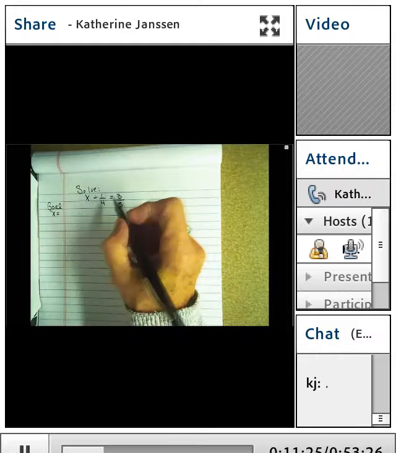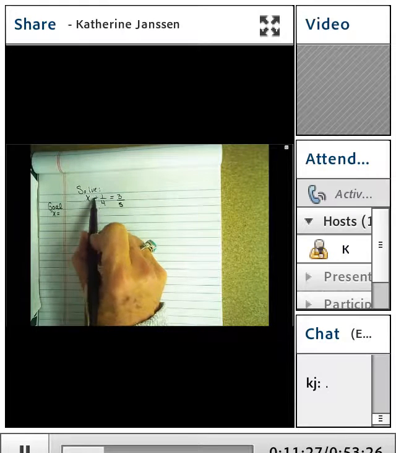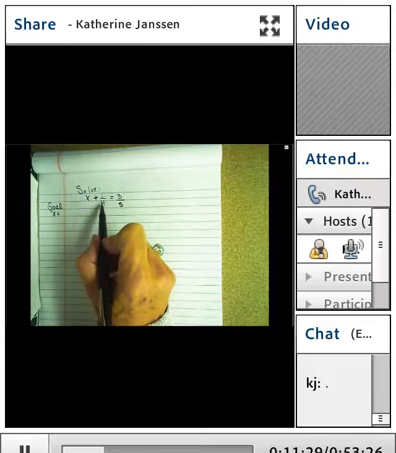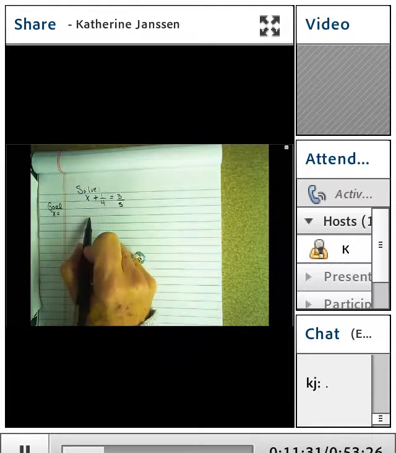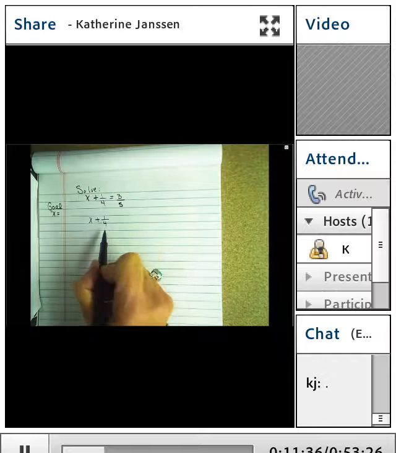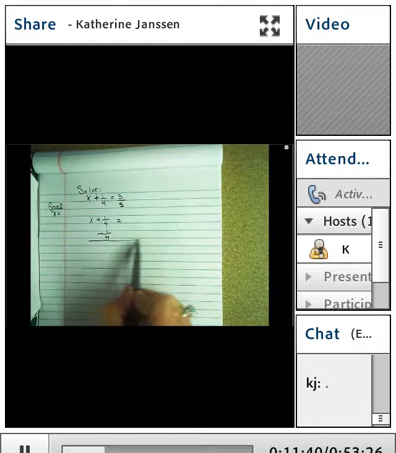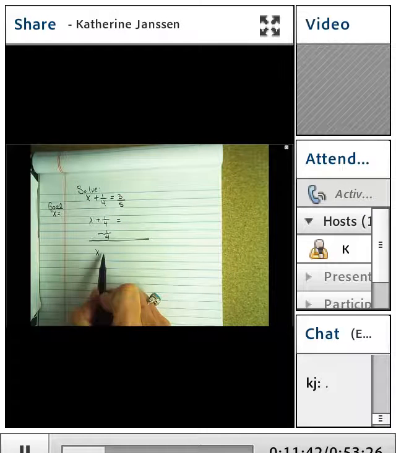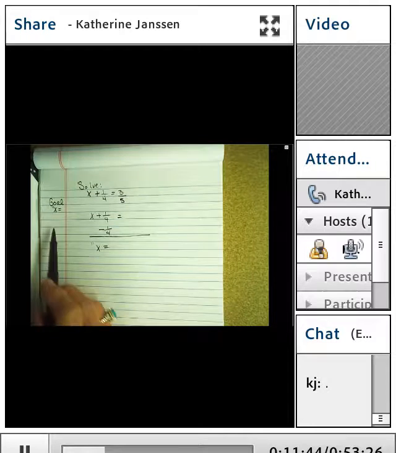Now, I know that if I add the opposite of 1/4, and I subtract 1/4, I'll have x equals. That's my goal, getting there.